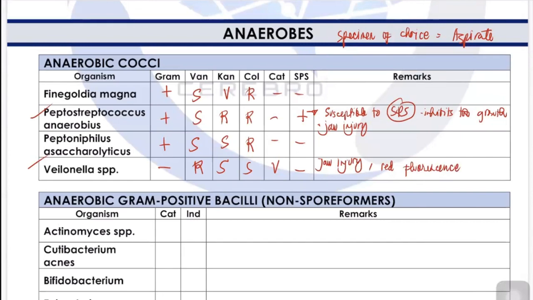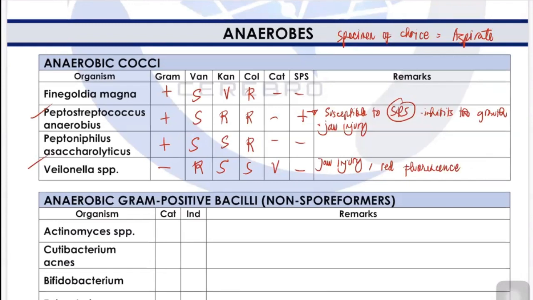So careful tayo dito sa jaw injury na ito. Pag tinanong gram positive anaerobic cocci na nagko-cause ng jaw-related infection, that would be Peptostreptococcus anaerobius. Pero pag gram negative yung tinatanong, then that would be Veillonella species.